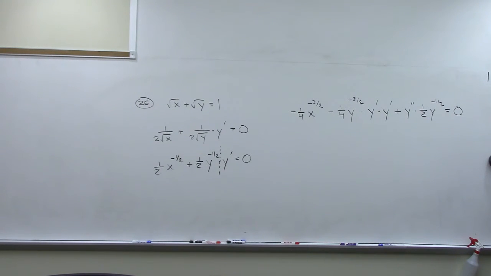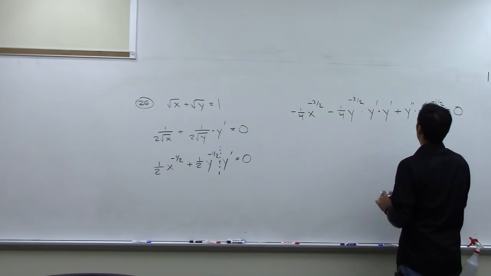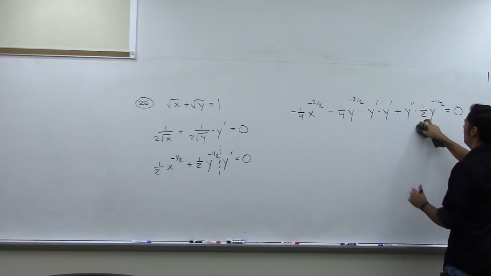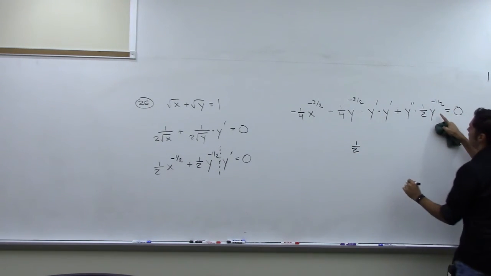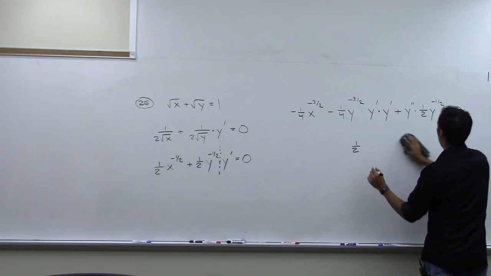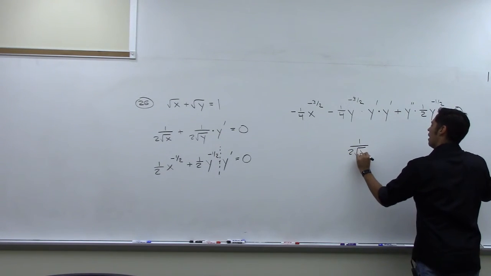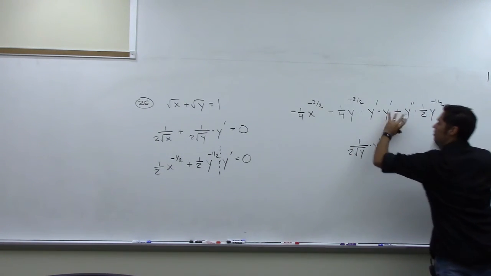What a disaster. So let me see if we can't clean this up. This looks really, really bad. Let's get the y double prime term by itself. So this is 1/2. I'm going to write that as 1 over 2 root y. That's this piece right here, times y double prime equals, now I'm going to move this to the other side.